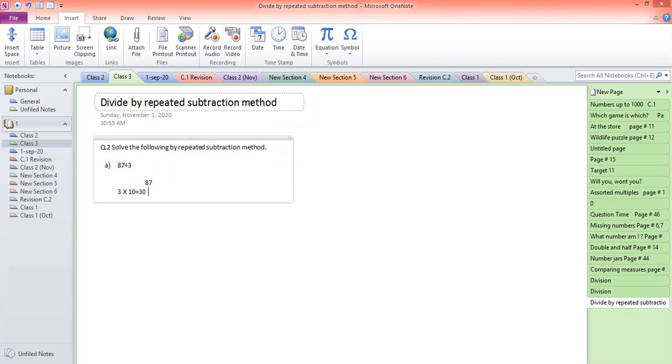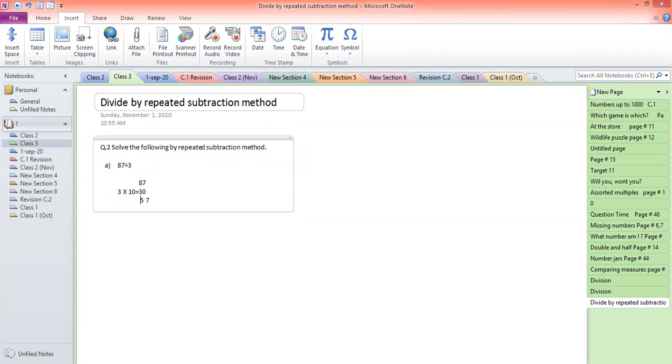And then minus this 30 from 87. So 87 minus 30: 7 minus 0 equals 7, and 8 minus 3 equals 5.